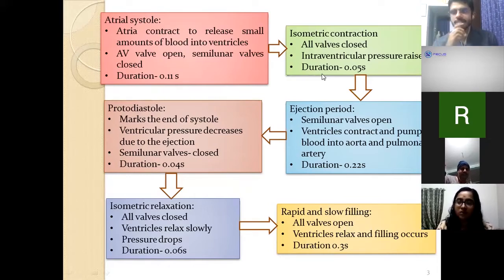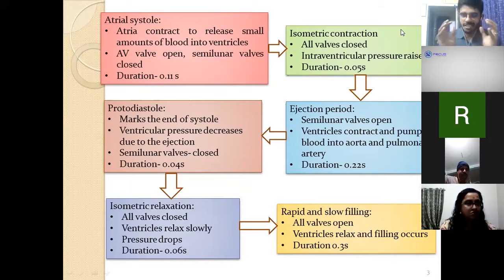So what happens here is, once the ventricles are filled with blood from the atria, the pressure in the ventricle starts increasing. Already the volume of the ventricle is more because blood has flowed in and filled it up. After that, all the valves will close. So it becomes like a pressure cooker.